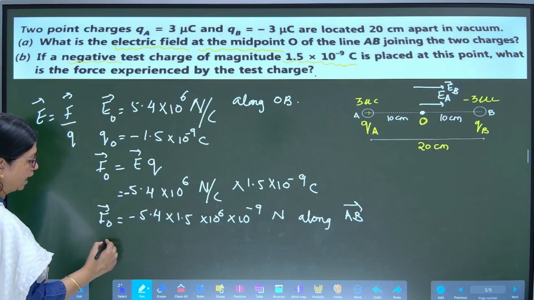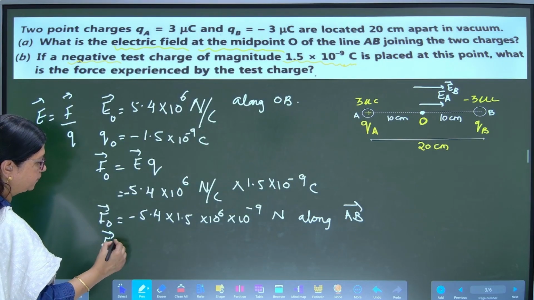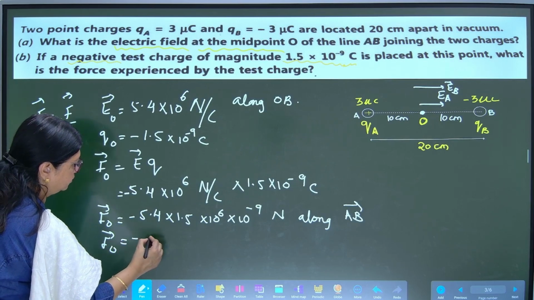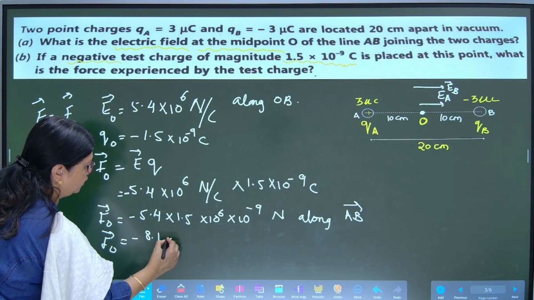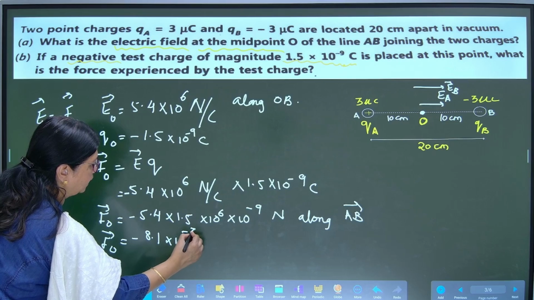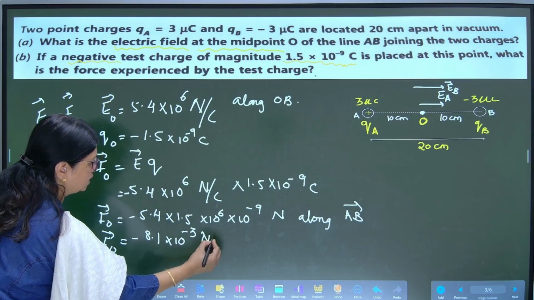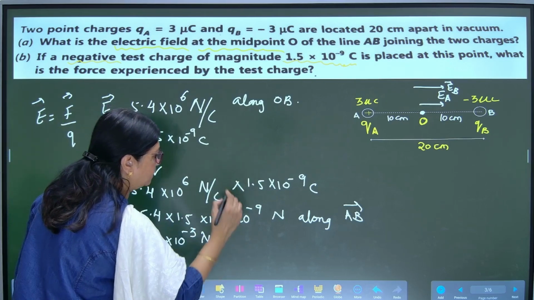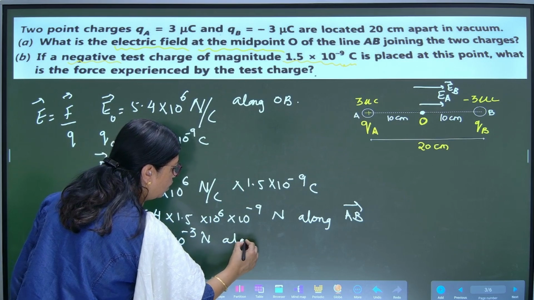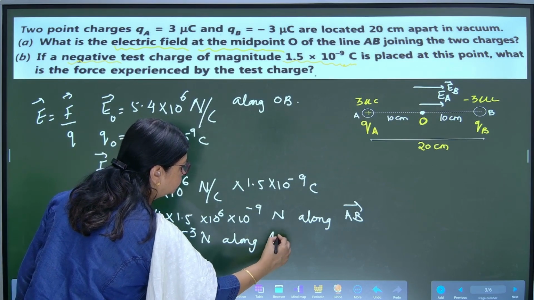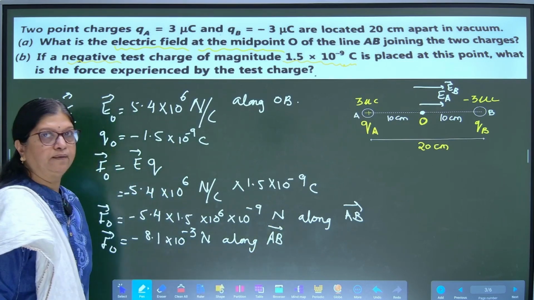Fine. So calculating this value, I get negative 8.1 into 10 raised to minus 3 newtons is the force at the point O along AB direction. Fine.